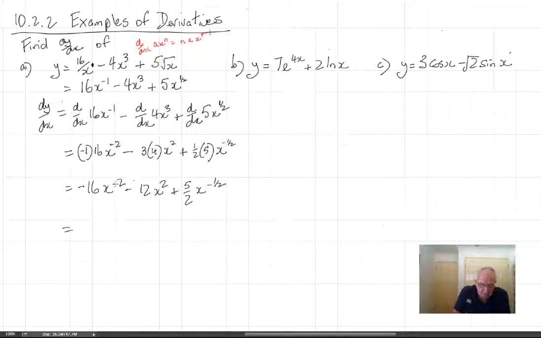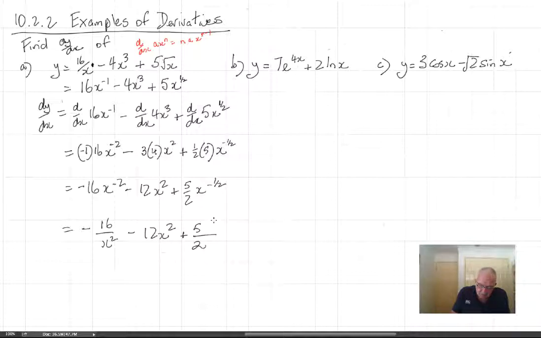Probably it's a good idea, because we haven't got any negative powers in our original question and we've got a radical sign but no fractional indices, to express this back in that form. So x to the minus 2, if it's upstairs with negative 2, we can go downstairs with positive 2. So it'll be negative 16 over x squared, minus 12x squared, plus 5 on 2.